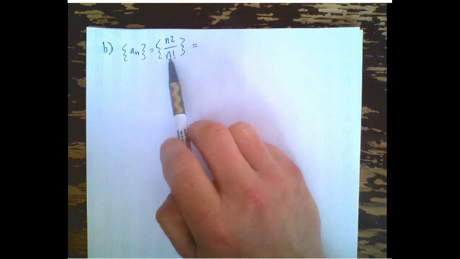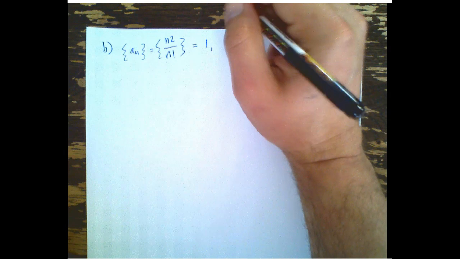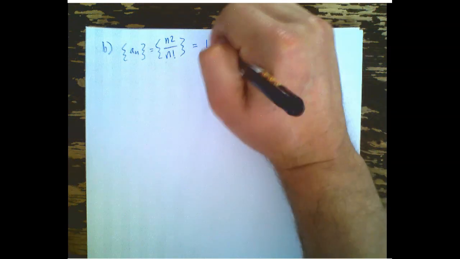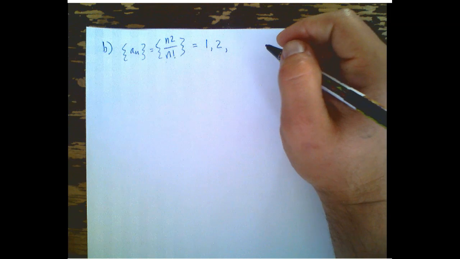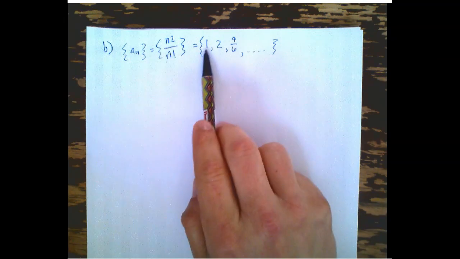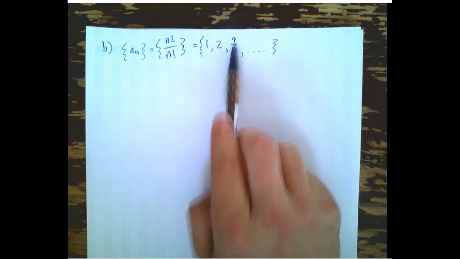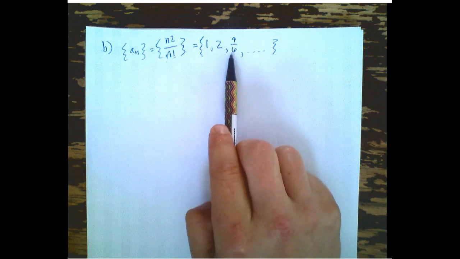We can see n squared over n factorial, when n is 1, we get 1. When n is 2, we get 2. And when n is 3, we get 9 over 6. And so on and so forth. So let's see what's happening here. We went up to 2. 9 over 6, what's that? Well, that's smaller than 2, right?